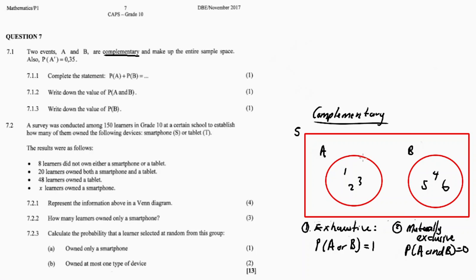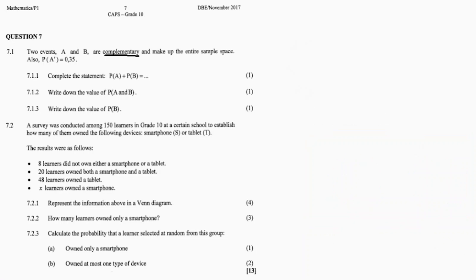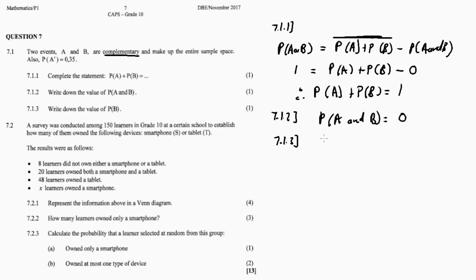And everything that's outside of A, where do we find it? In B. So the probability of B is the same as the probability of not A. Whatever is not in A is found in B, complementary events. So the probability of not A is given as 0.35, which is the same as the probability of B.